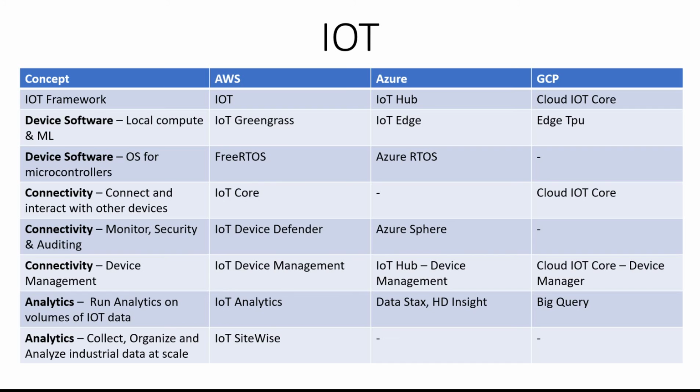Most of these devices which hold this device software are very important because all these device softwares understand the cloud, meaning whenever data comes to these devices, they know they have to send it to the respective cloud.